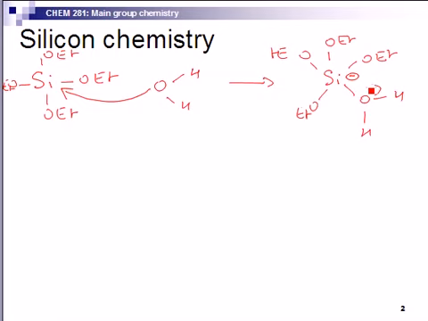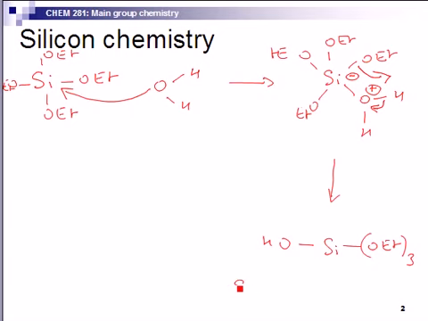And then you can release ethanol from this molecule to form this OH and O-ethoxy 3 times.